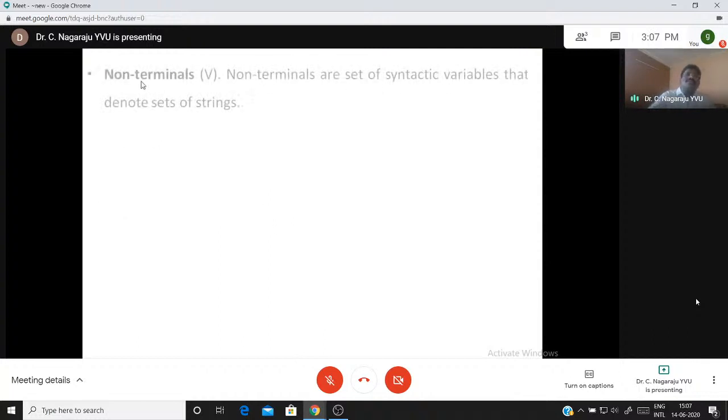First, what is a non-terminal? The non-terminals are a set of syntactic variables that denote a set of strings. That means each and every non-terminal has one or more strings, right?